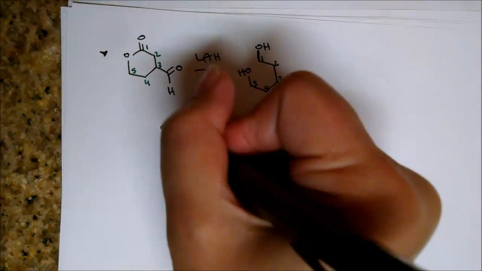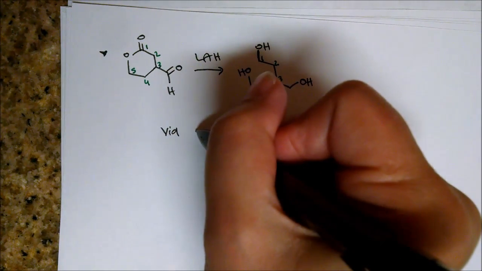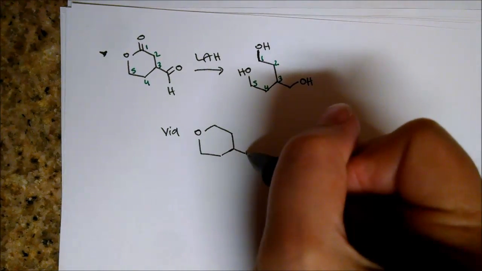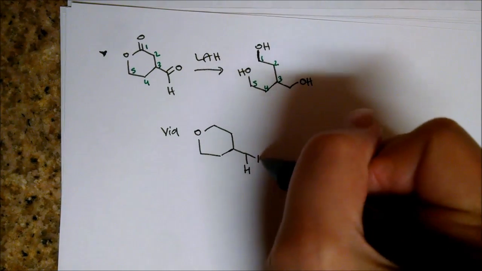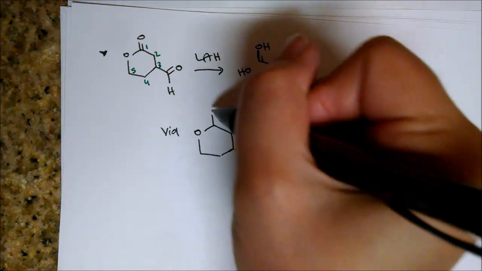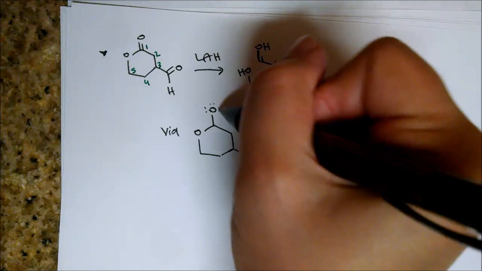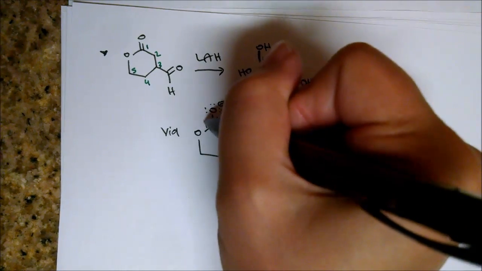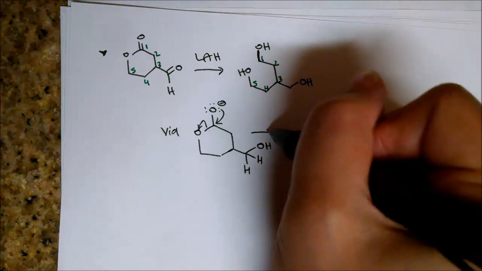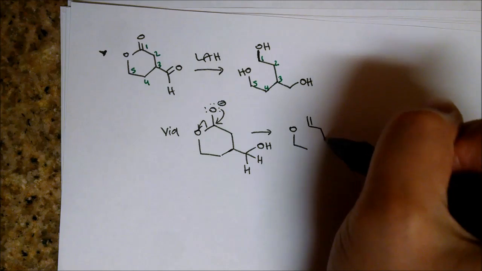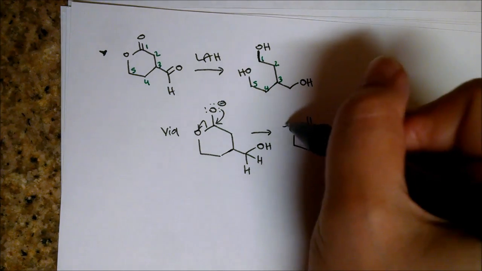So we can do this via, I don't know, let's say this guy's already been reduced because he's more reactive anyway. So he's in solution. So we have O minus over here, which can go and kick it off, to give O minus.